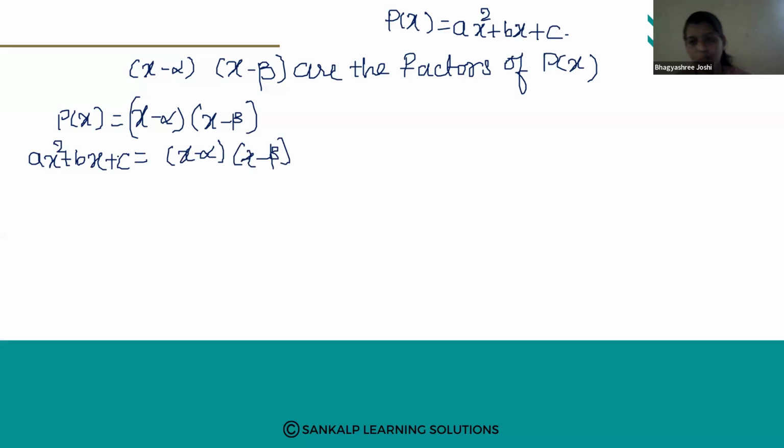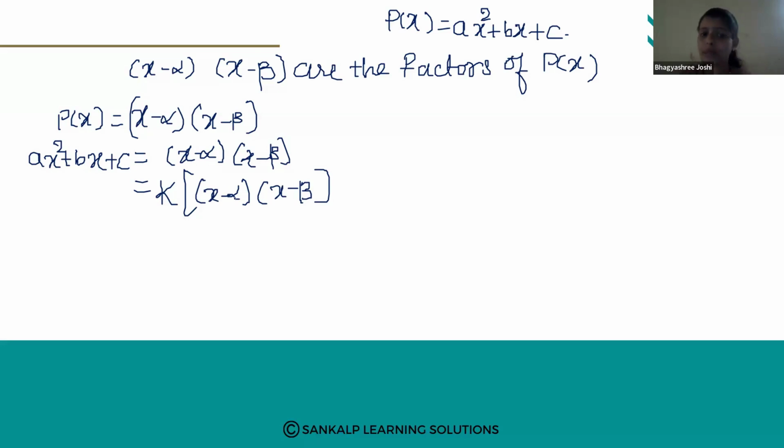Now, I will take one constant term, that is k, and I will multiply this k to both the factors. Okay, just observe carefully. K into x minus alpha, x minus beta. I took one constant, that is k, and I multiply this k to both the factors.